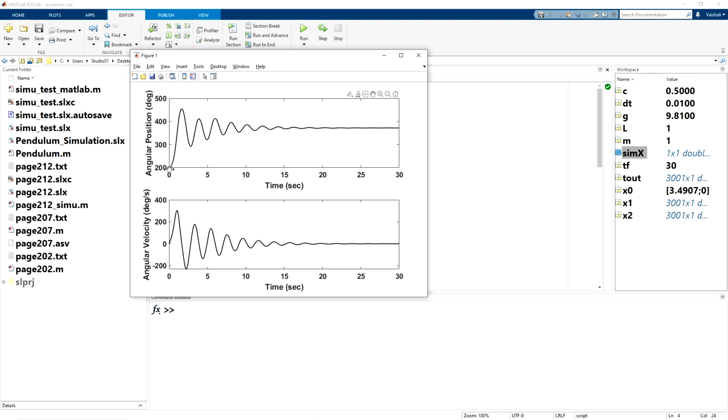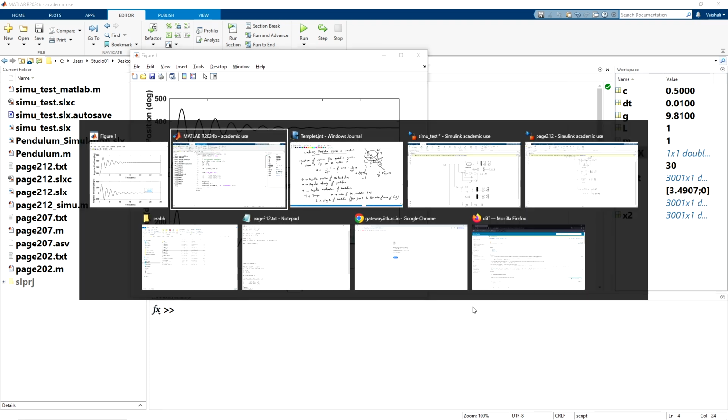It is rightly predicting that indeed it is going beyond 200 degrees, and later on it is settling to around 371, that is 11.2 degrees from there. All right, and the velocity is again going towards 0.